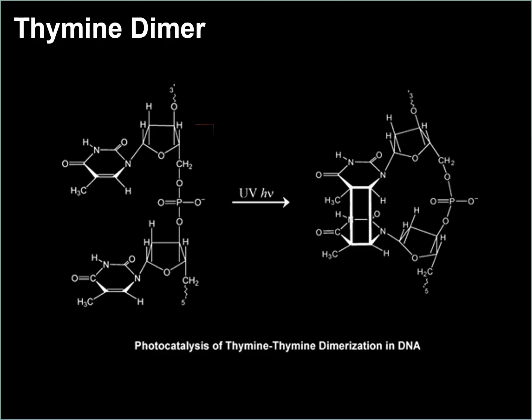This is the DNA backbone. You can't really see what I'm writing. Let me try yellow. This is the DNA backbone. Okay, here's our deoxyribose. Here's our phosphate. So that's the sugar phosphate backbone.